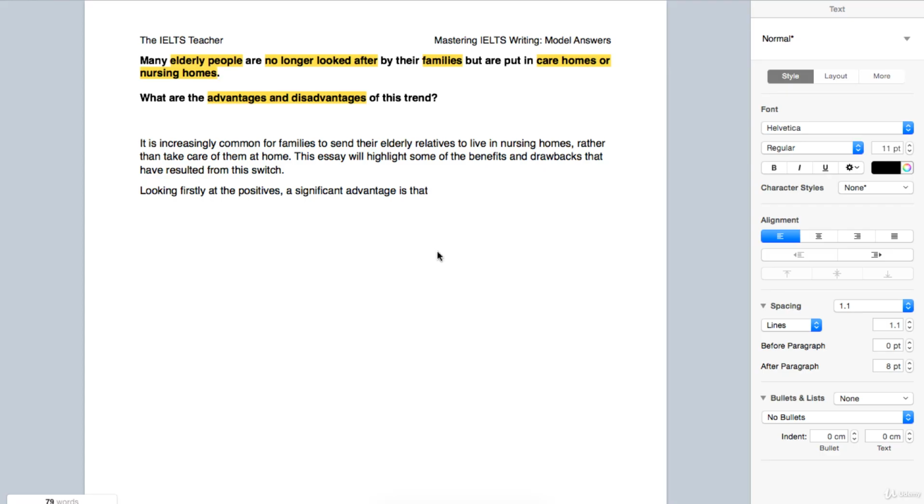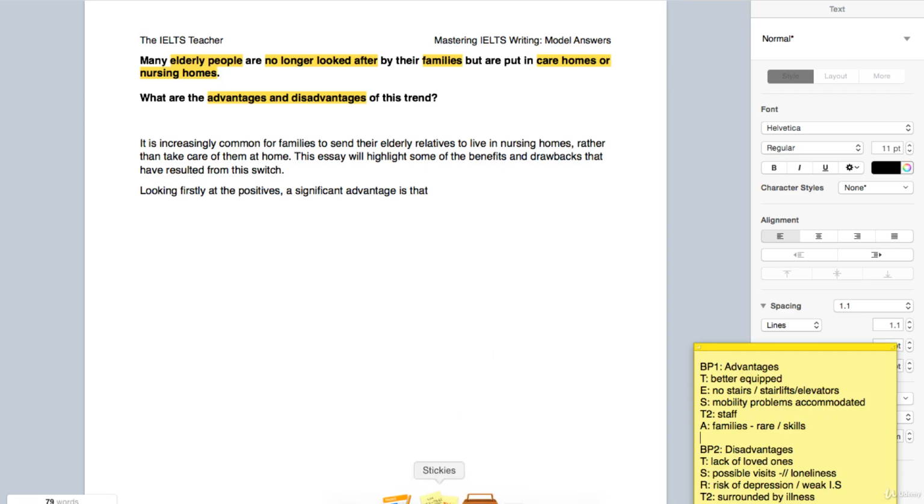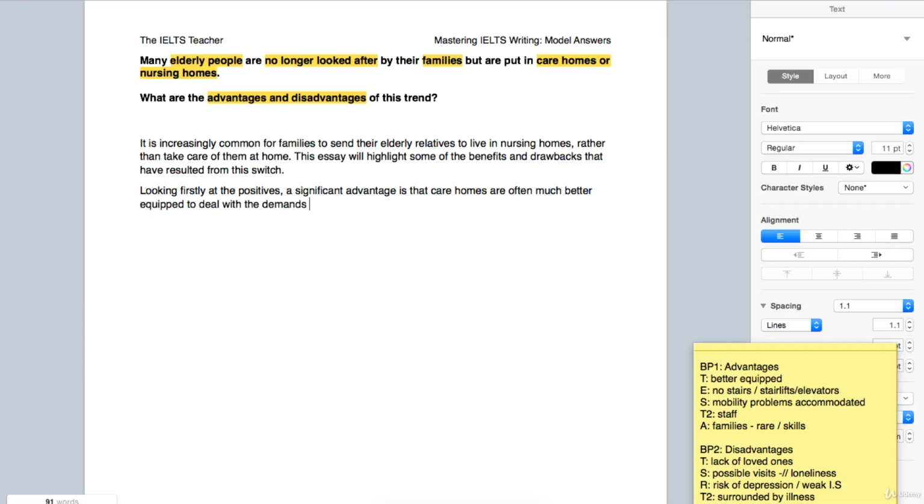What do we have in our plan? We have better equipped. So nice and simple. Care homes, as I said, we're going to alternate between care homes and nursing homes. Care homes are not always, remember to avoid the generalization, they are often much better equipped, just like in the plan here, to manage, to help, maybe to deal with, which could be a nice phrasal verb, to deal with the needs or maybe the demands.